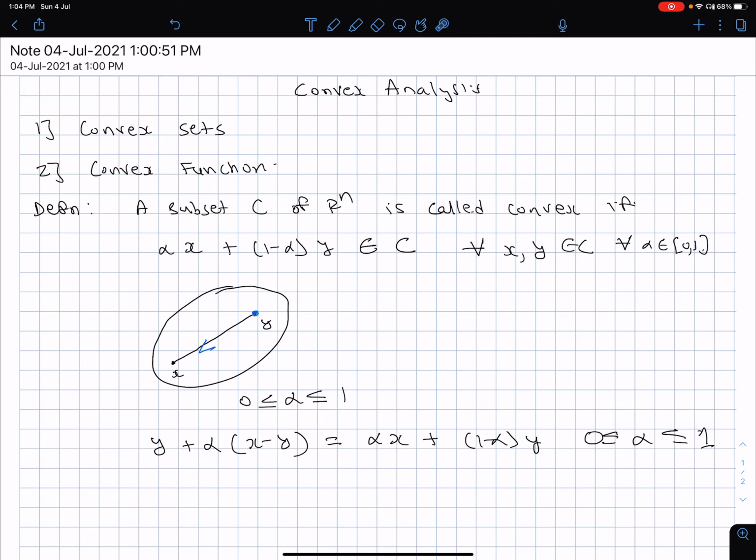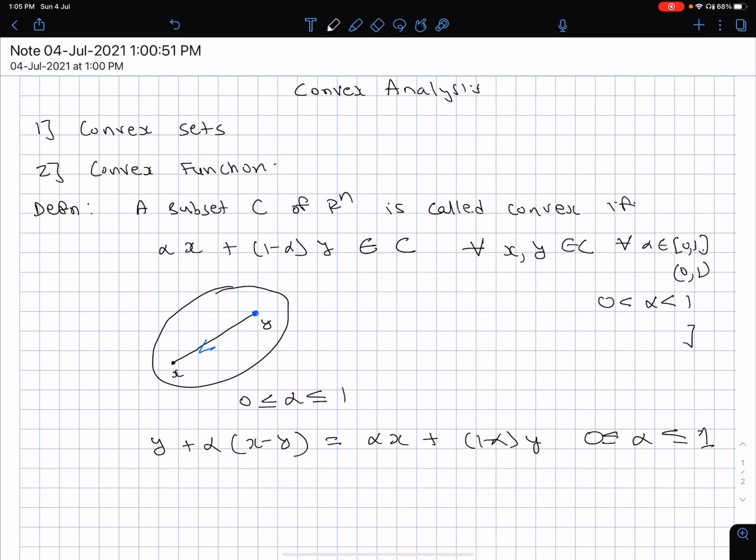So the square brackets here indicate that 0 and 1 are included. If I write open brackets, it would mean alpha strictly less than 1 and alpha strictly greater than 0.